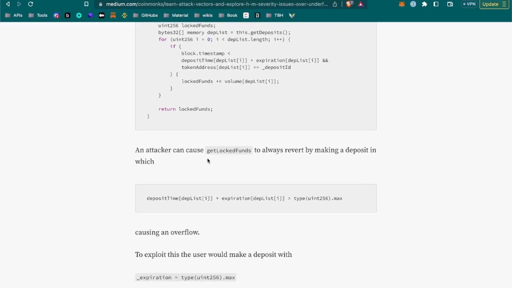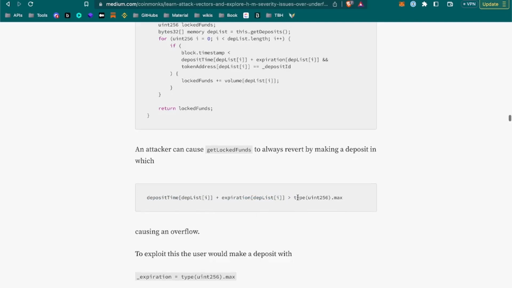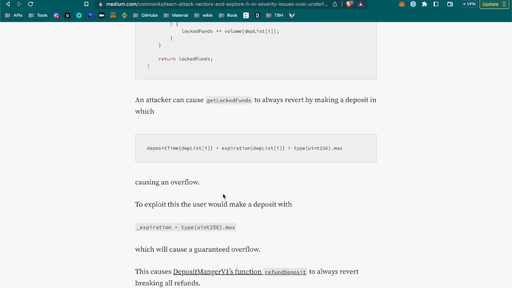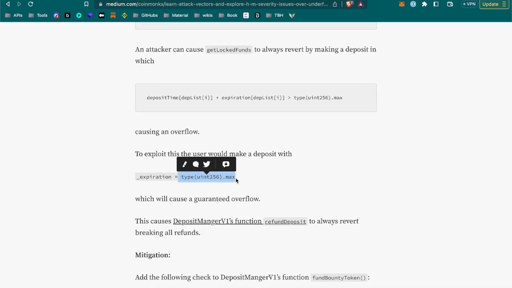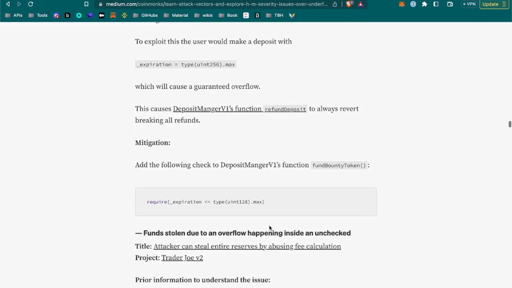So the attacker can cause getLockedFunds to always revert by making a deposit in which this operation is bigger than the maximum of uint256, causing, of course, an overflow. Now, to exploit this, the user will make a deposit with, as we mentioned before, this as the parameter in the first function, the refund deposit, and yeah, it will always revert, breaking all refunds. Now, about the mitigation, how it was proposed to be solved in this case.